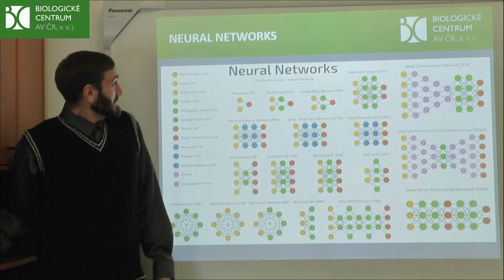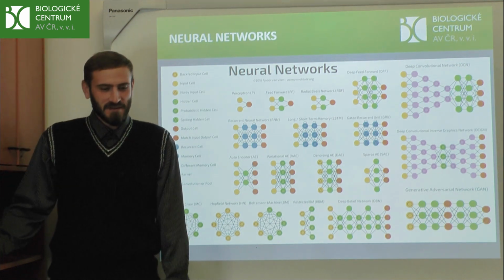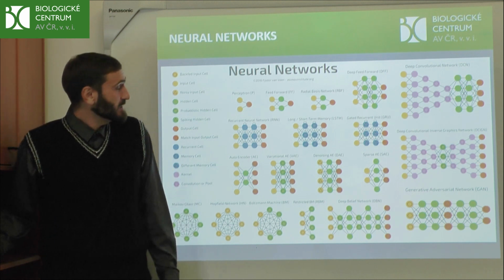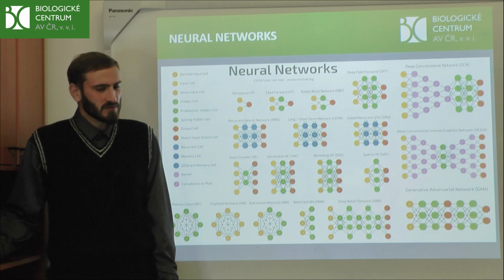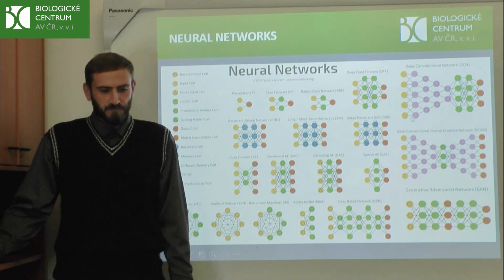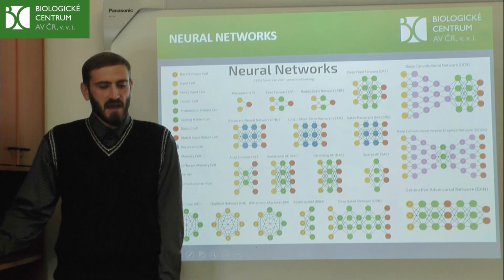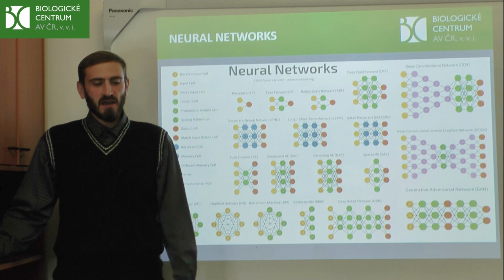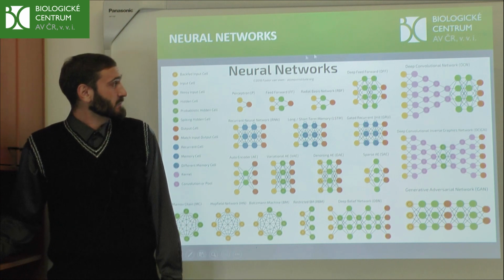During several decades of investing in developing artificial intelligence methods, a lot of models were presented, and inspired by the human brain and nervous system, all of them were united under the term neural networks.